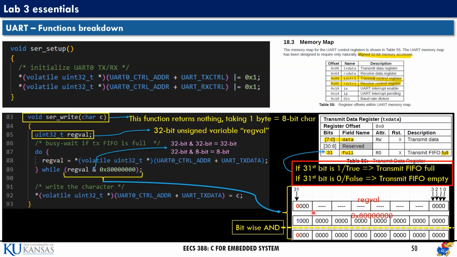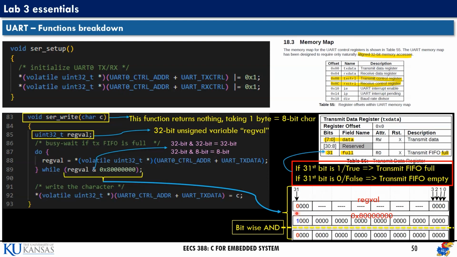So now it should be easier for you to understand that our register value has, let's say, 0 in the 31st bit, and we are doing the AND operation with 0x8 all the way to 0. If we convert this hex number to binary, we get this value.